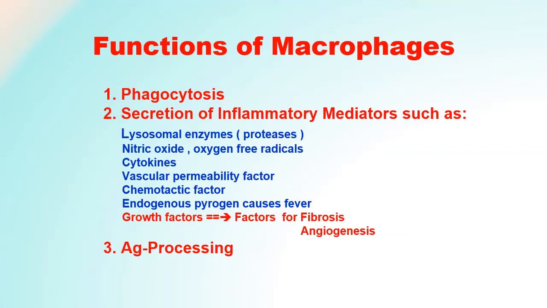While in chronic inflammation, macrophage accumulation persists. They are responsible for killing the microorganisms by releasing inflammatory mediators such as lysosomal enzymes, nitric oxide, and oxygen-free radicals or reactive oxygen species.